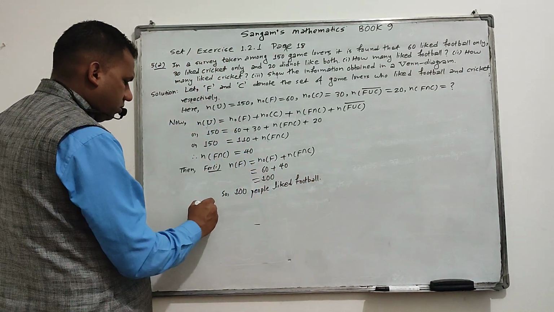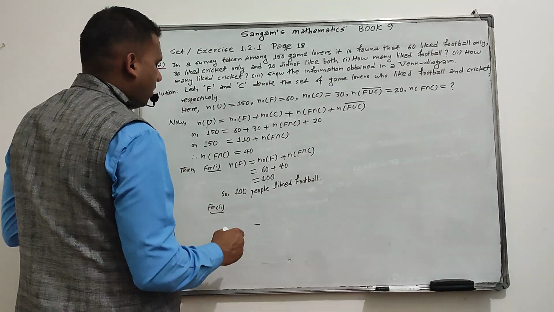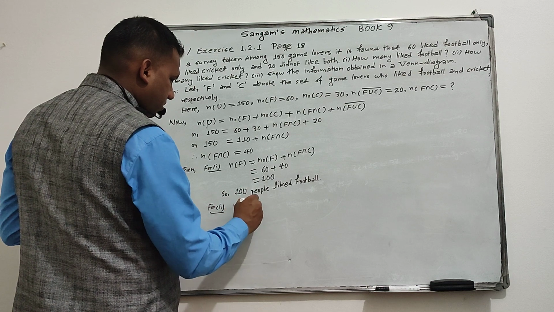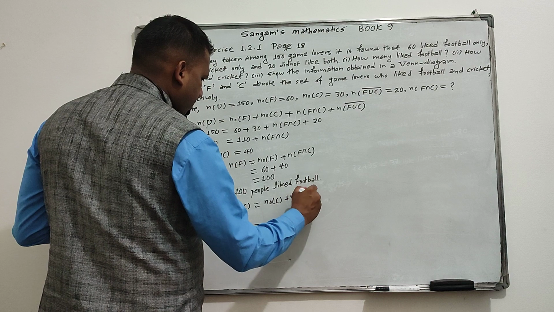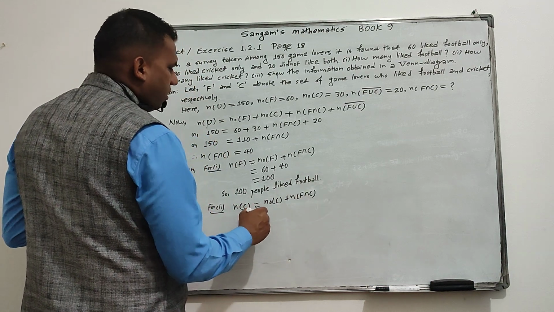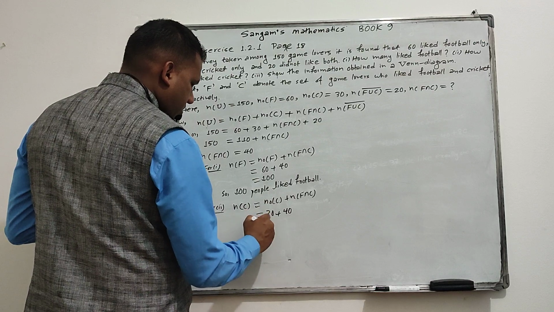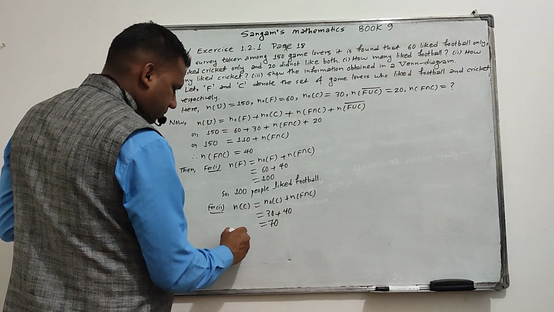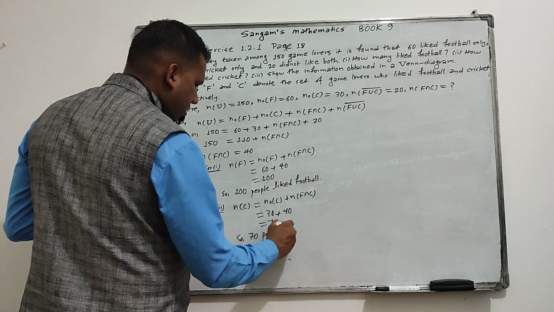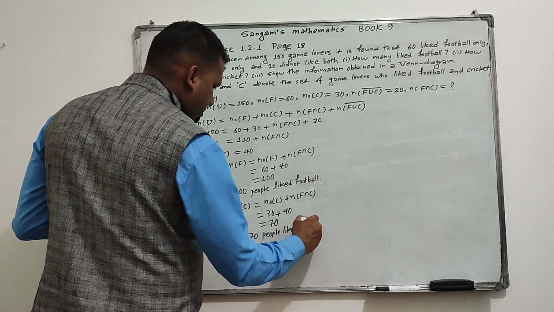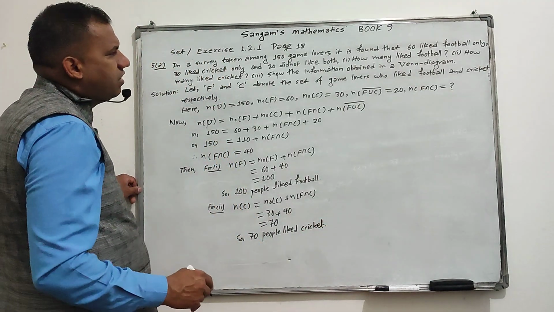For 2, how many like cricket? That is n(C) equal to n(only C) plus n(F intersection C), that is 30 plus 40 equal to 70. So 70 people like cricket.